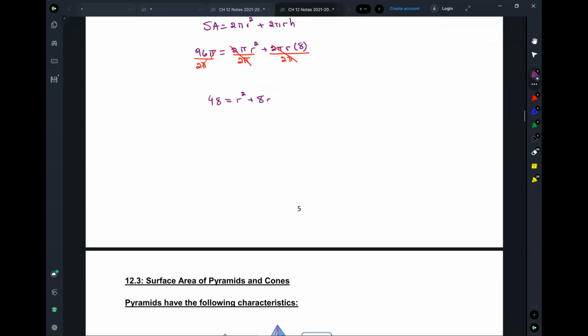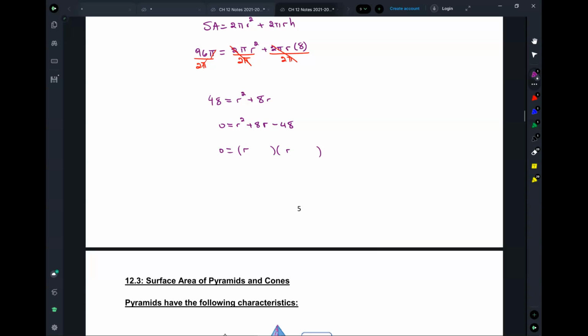Okay? Oh, and now look at us. We've got a quadratic equation on our hands. Bring everything to the same side. So minus 48. And now you're going to factor. So, two numbers that multiply to negative 48, but add to 8. What do you all think?